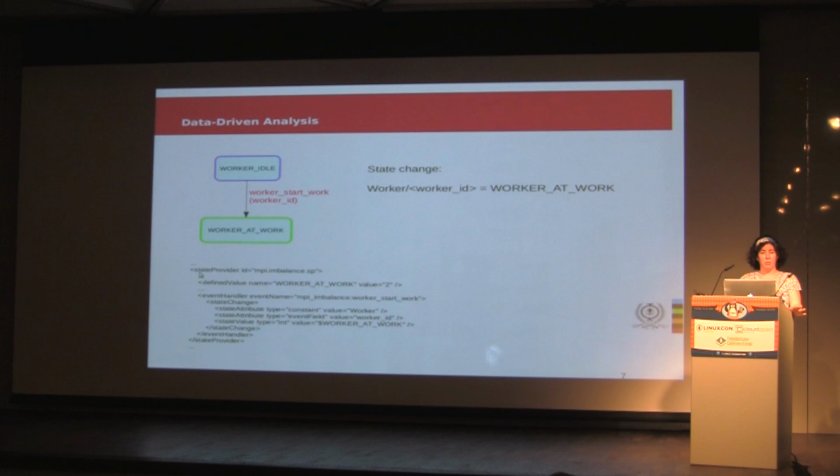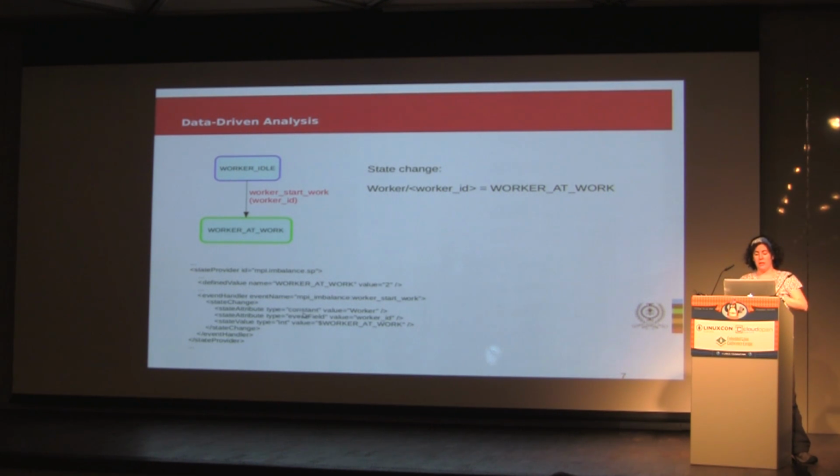So first we define what we call a state provider. That's our model of the application. We define our states. So worker at work has a value of 2 for no apparent reason. And we define an event handler. That's what we do when we receive that event. So here we handle event MPI imbalance worker start work, and we will change a state.